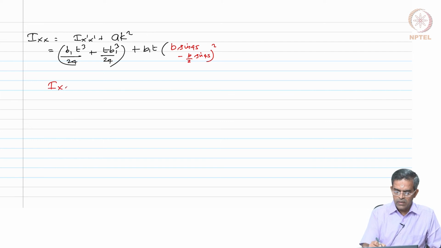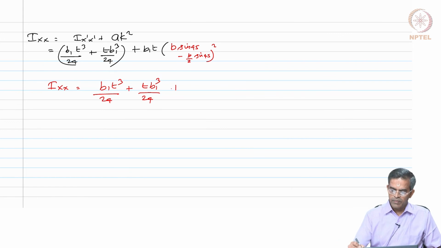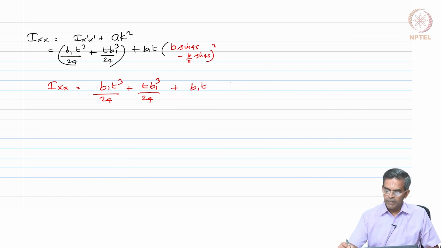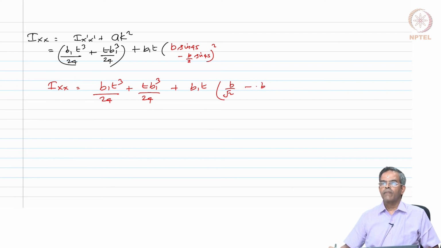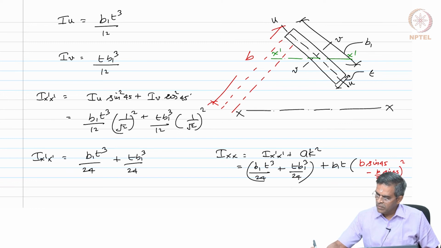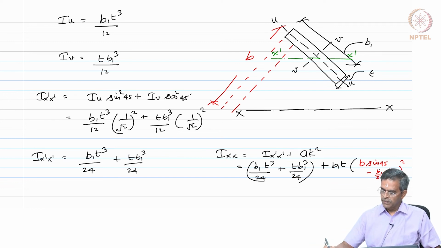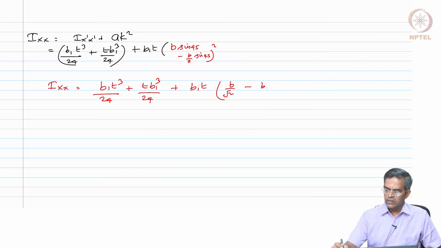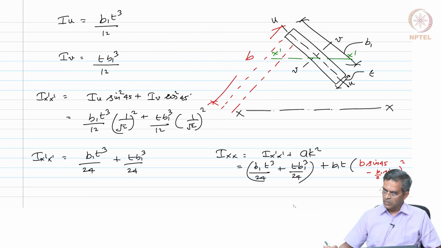So, IXX will be now equal to B1 T cube by 24 plus TB1 cube by 24 plus B1 T B by root 2 minus, this is B1, okay, B by root 2 minus B1 by 2 root 2 the whole square. Is it okay?